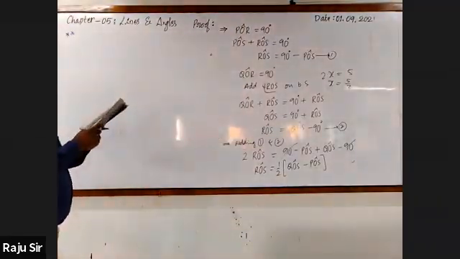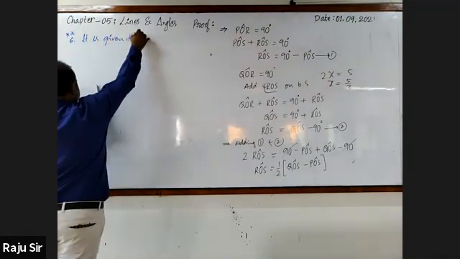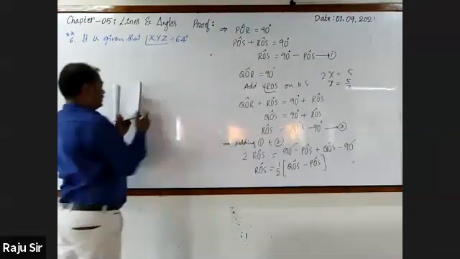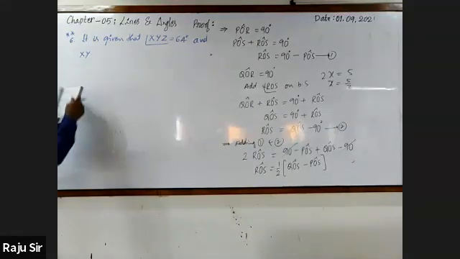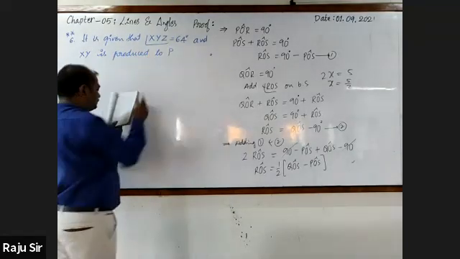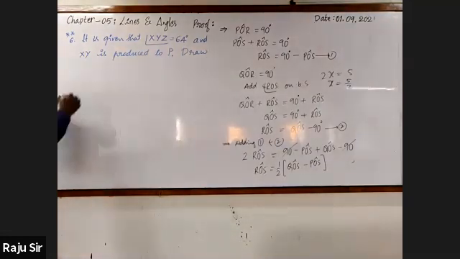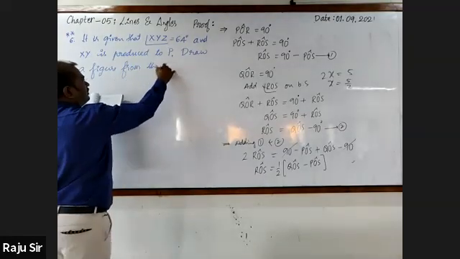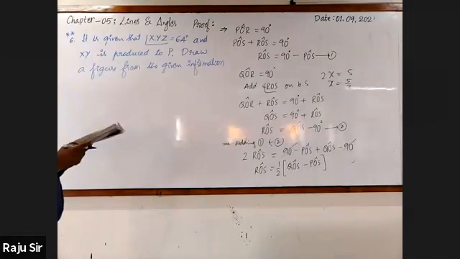It is given that angle XYZ equal to 64 degrees and XY is produced to P. Draw a figure from the given information.